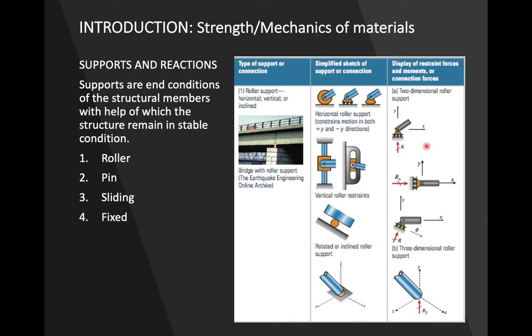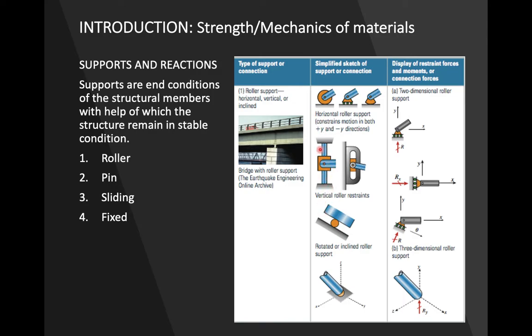Also, you can see if your roller support is like this, then it is able to move in the vertical direction, but it cannot move in the horizontal direction. So it depends upon how you are aligning it or how your support is working in the machine or in a structure. This is the vertical roller constraint, meaning it cannot go in this horizontal direction, but it can slide in the vertical direction.